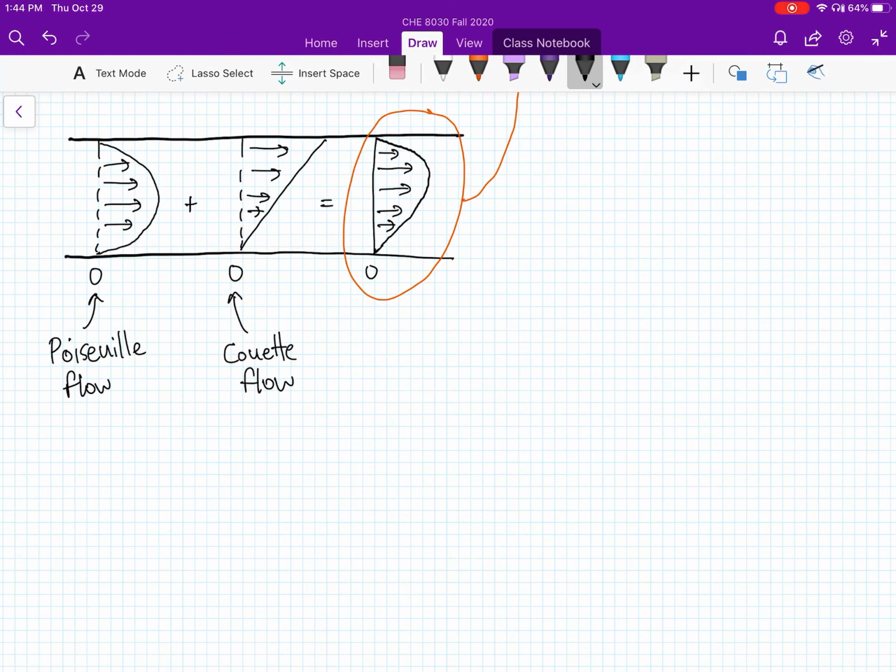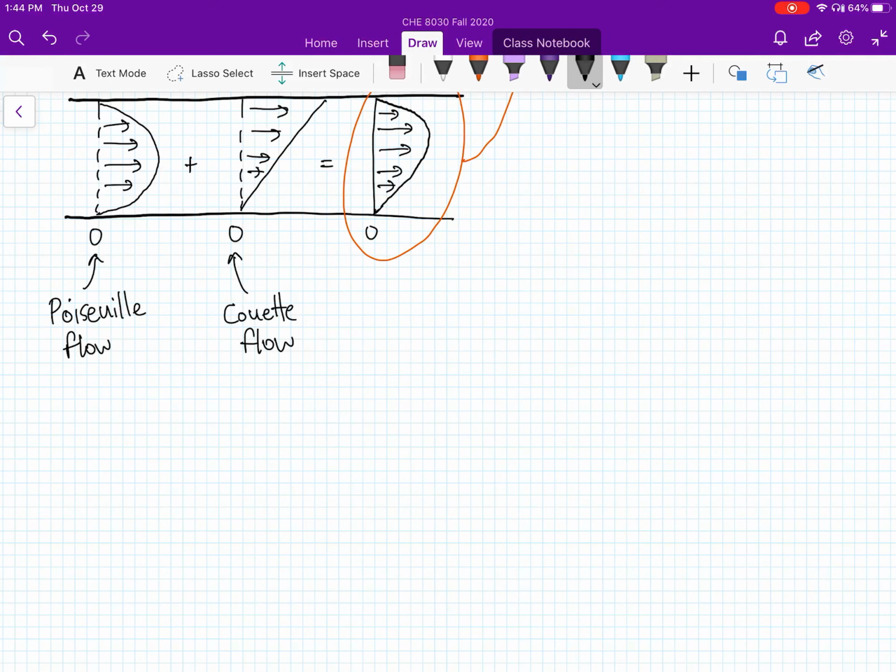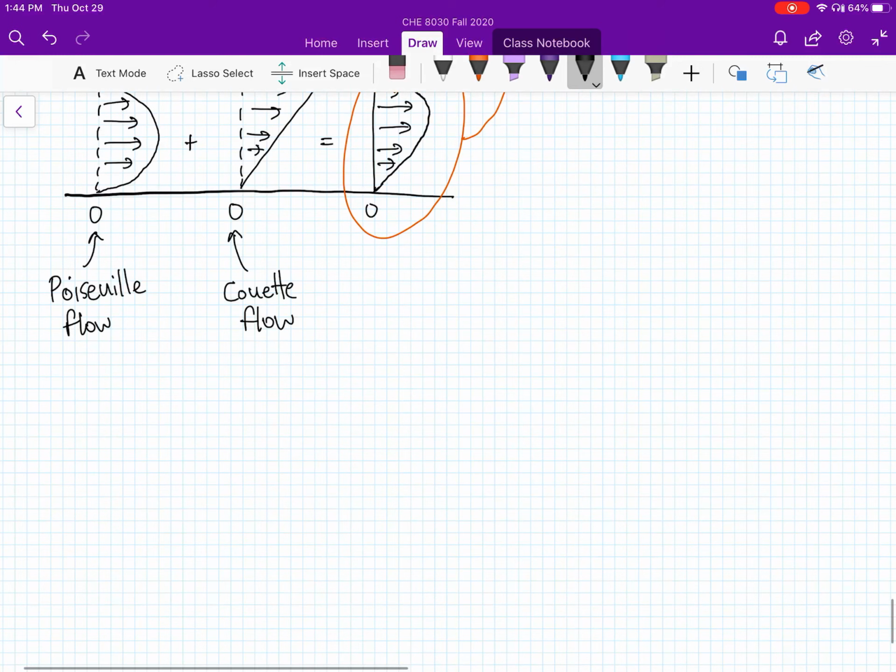Oftentimes, or more often than not, as chemical engineers, we are dealing with flow occurring in pipes. I don't want to be redundant, but just so you understand, when I say pipe, I mean a circular pipe.